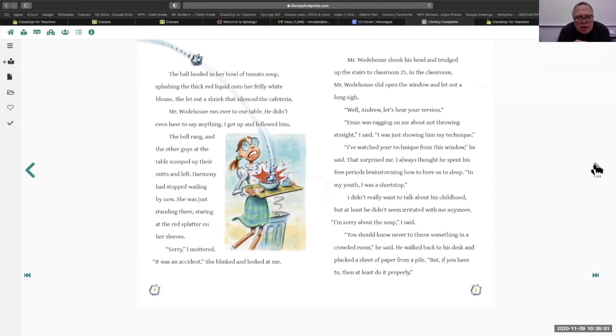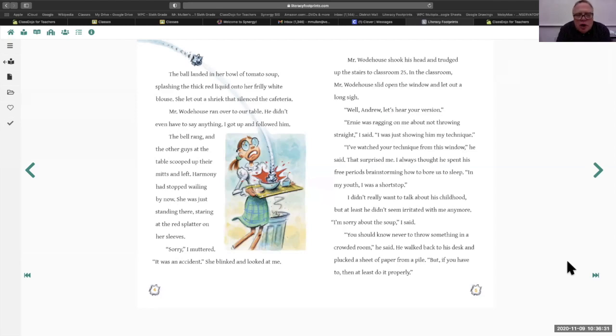Now, I want us to do something on page 4. I want you to get your pens and your whiteboards. And I want you to find a word that begins with the letter S. Find the word that you think is the hardest word that starts with an S on this page, the hardest word to maybe describe what it means.